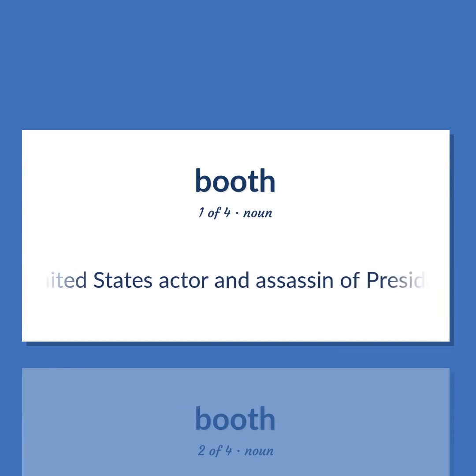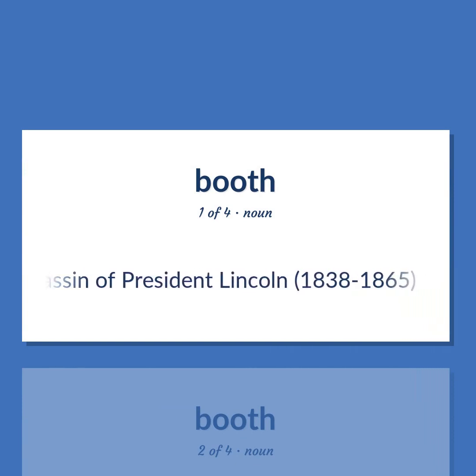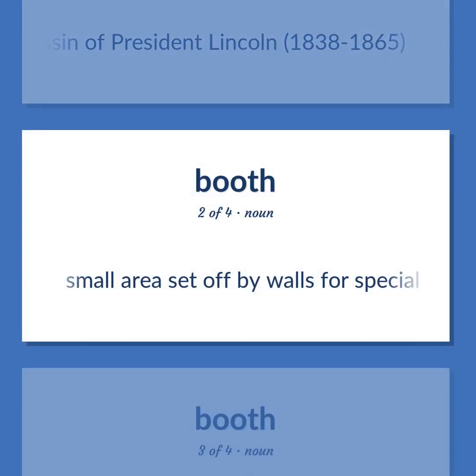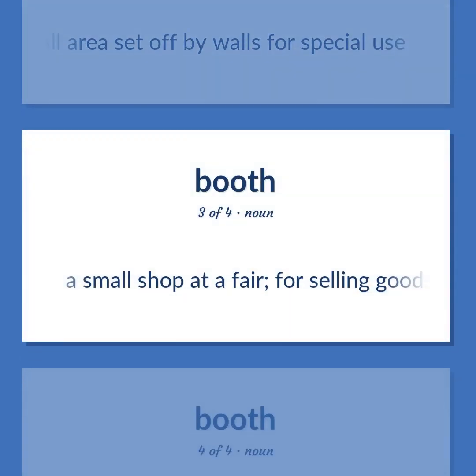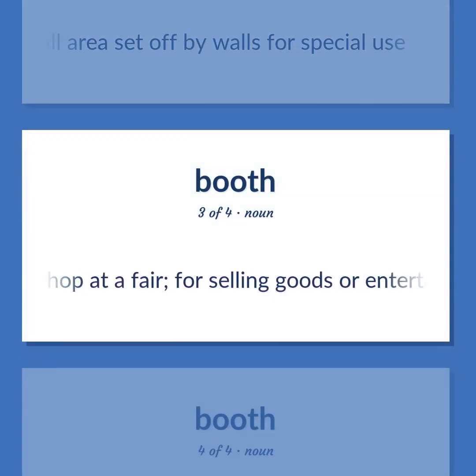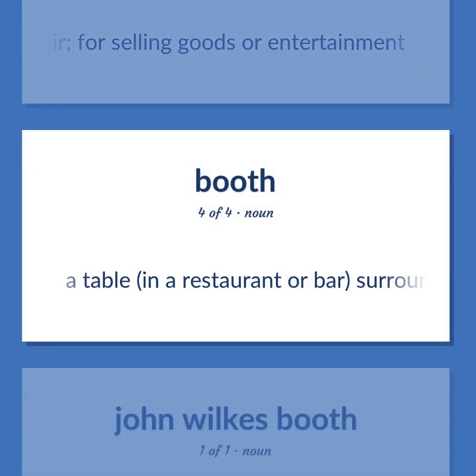United States actor and assassin of President Lincoln, 1838 to 1865. Small area set off by walls for special use. A small shop at a fair, for selling goods or entertainment. A table, in a restaurant or bar, surrounded by two high-backed benches.